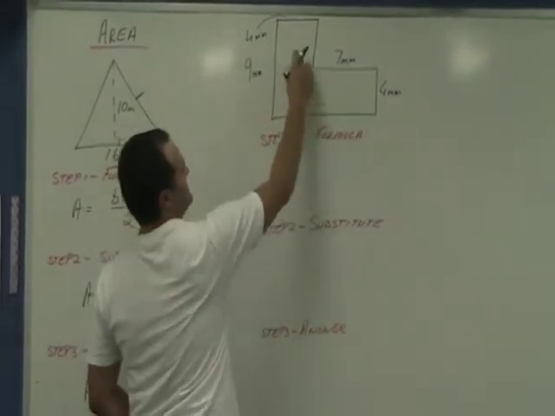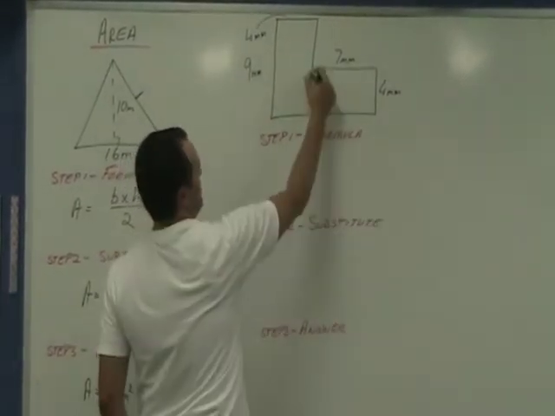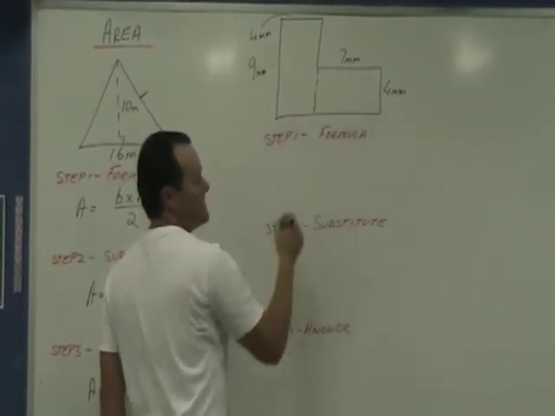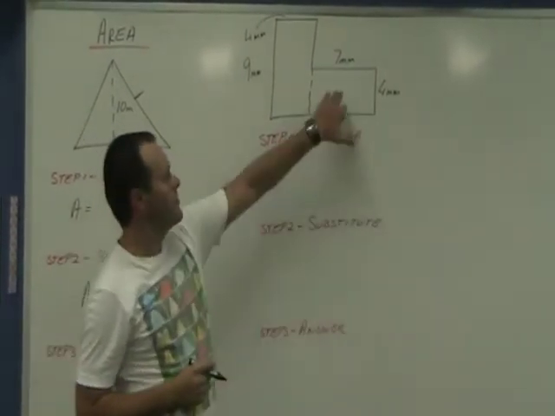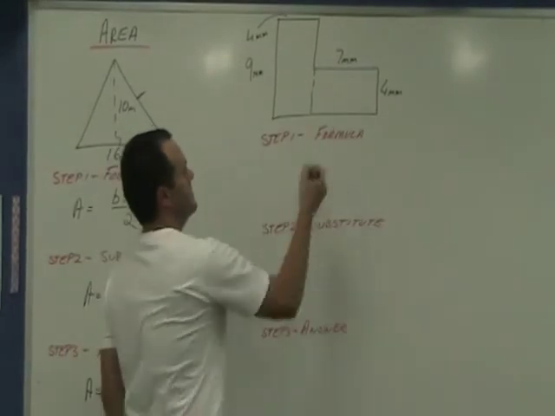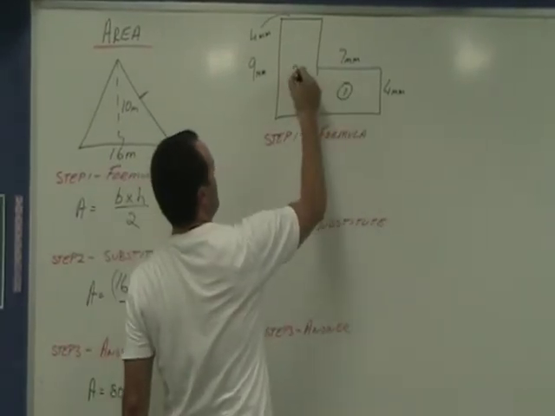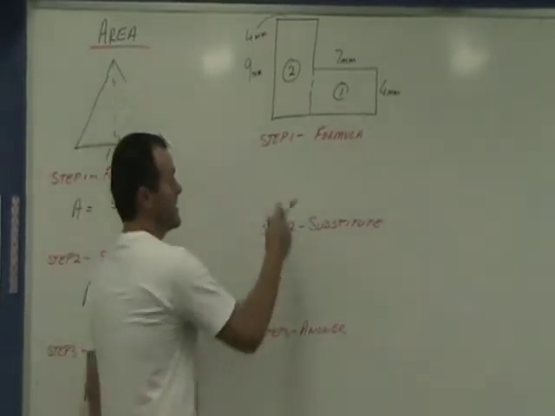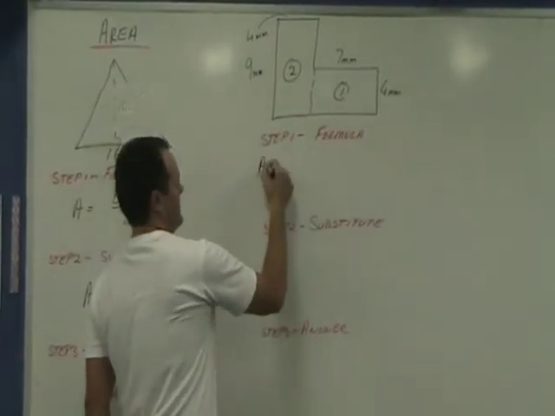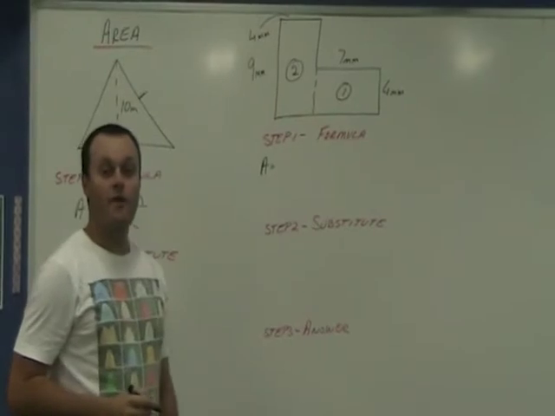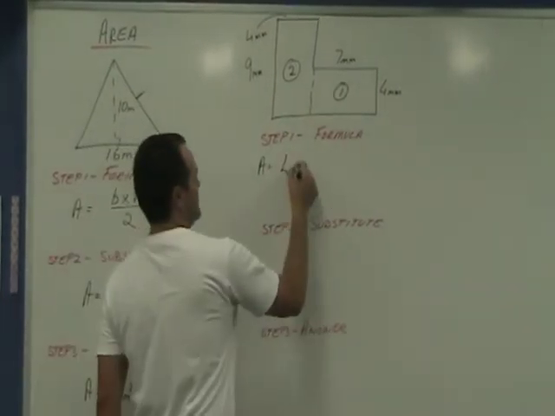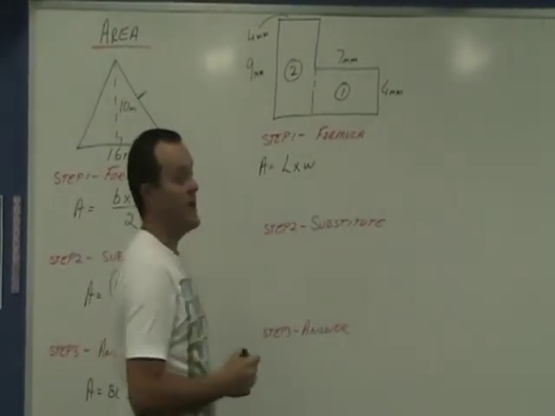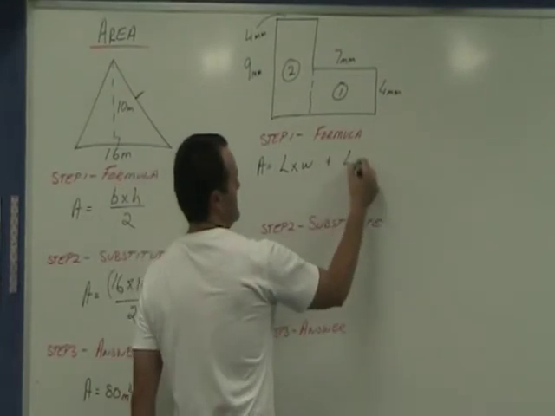We can clearly see that that's an L shape. But if I put a dotted line down here, like a cut mark, I've got a rectangle and a rectangle. I'm going to call this rectangle number 1 and this rectangle number 2. The area of a rectangle is length times width. Now we have 2 of them.